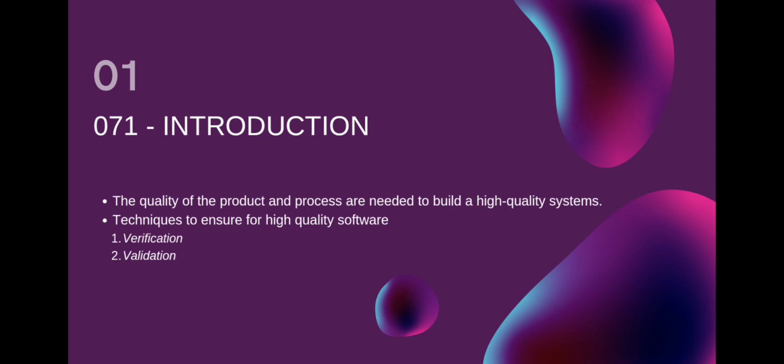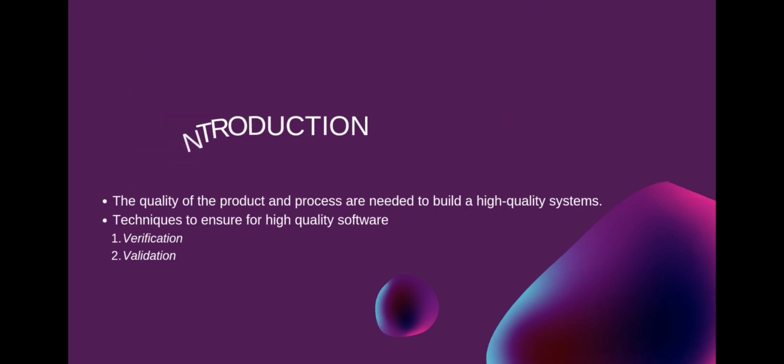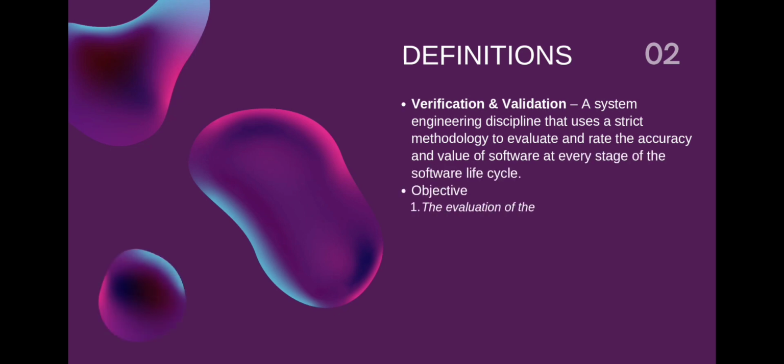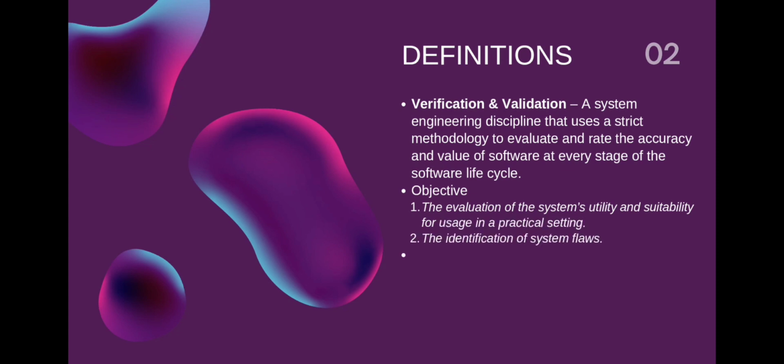For introduction, the quality of product and processes are needed to build high quality systems. Therefore, the techniques to ensure a high quality software are verification and validation. Verification and validation is a system engineering discipline that uses a strict methodology to evaluate and rate the accuracy and value of software at every stage of the software lifecycle.